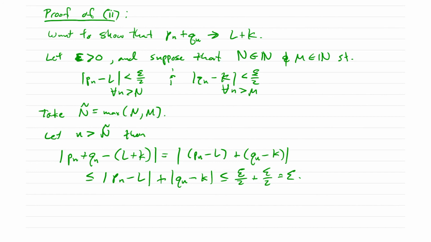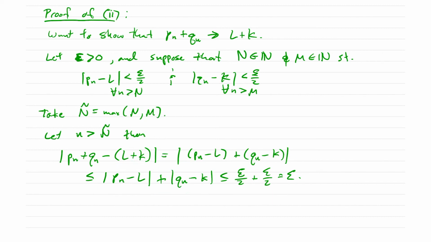Let's go ahead and do the product. Well, I guess we can talk about this briefly. So basically what I did is we know that Pn converges to L, and we know that Qn converges to K. And so we really just need to choose n that's close enough to L and m so that we're close enough to K, that we're within epsilon over 2. Why epsilon over 2? Because when we split this up into two different absolute values, we'd like to be able to express this as epsilon.